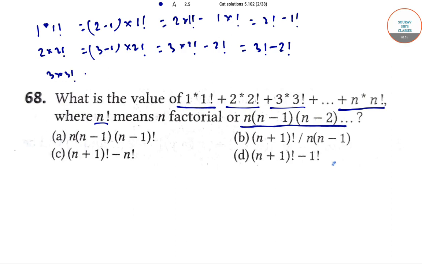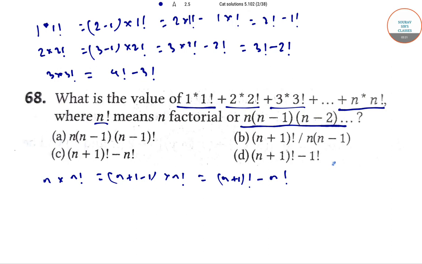Similarly 3 into 3 factorial can be written as 4 factorial minus 3 factorial, and therefore n into n factorial is equal to n plus 1 minus 1 into n factorial, or again this is equal to n plus 1 factorial minus n factorial. So the correct option is option C.